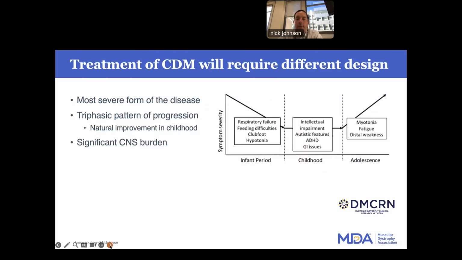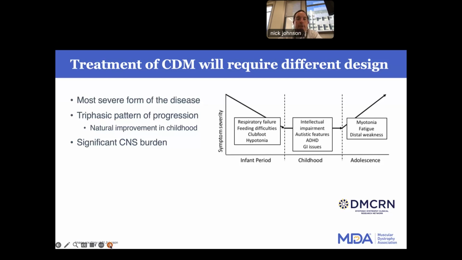I think when you're thinking about myotonic dystrophy in kids, it is the most severe form of the disease. It does have this really interesting triphasic pattern of progression with this natural improvement in childhood. So this is a complicated trial to design, and I think we're still working on how you might design a trial to demonstrate efficacy of these exciting RNA therapeutics that are currently moving forward in adults.